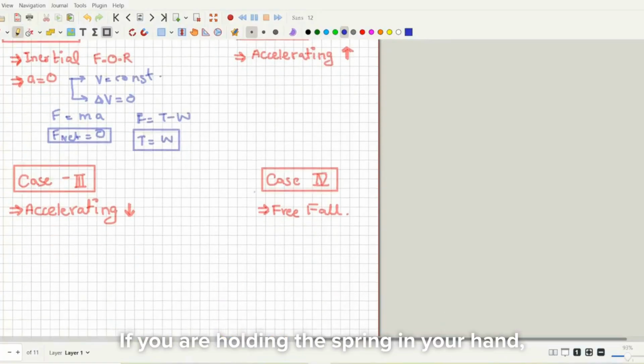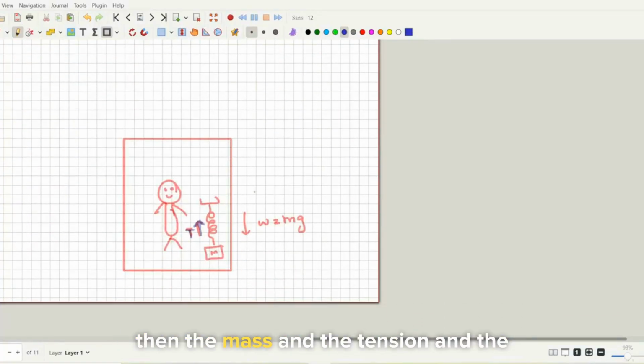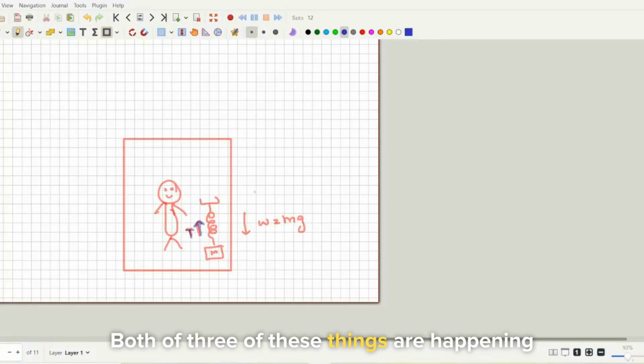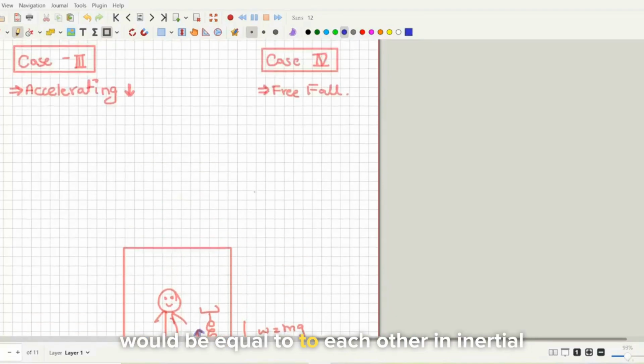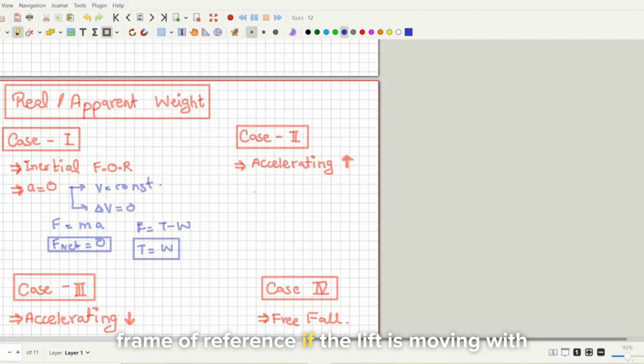If you are holding the spring in your hand, then the mass, the tension and the weight, all three of these things are happening at the same time. So the tension and the weight would be equal to each other in an inertial frame of reference, if the lift is moving with constant velocity.